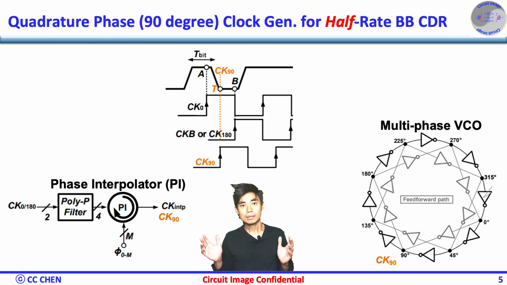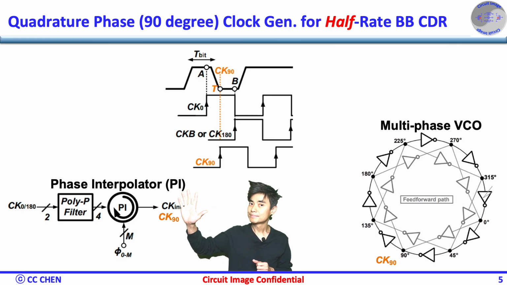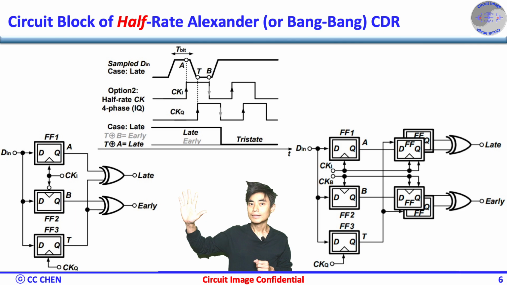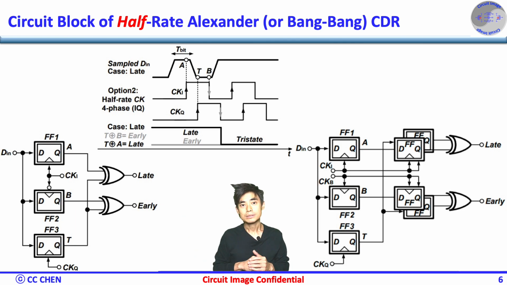Could you please come up with the corresponding half-rate circuit image for 5 seconds? Right, you can just use 3 flip-flops to sample A, T, B by clocking 0, 90, 180 degree phases respectively.